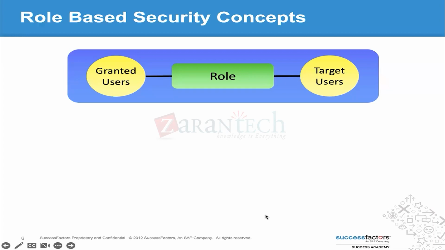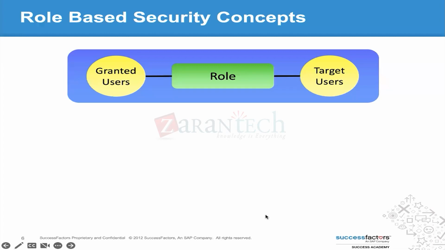Once they got those rights, on whom they can perform them is the target population on the right-hand side. That way you have two groups of people, one on each side. So the permissioning in SuccessFactors is a combination of roles and groups.